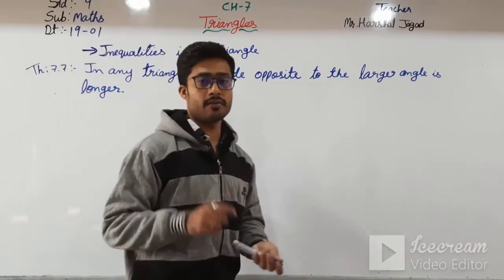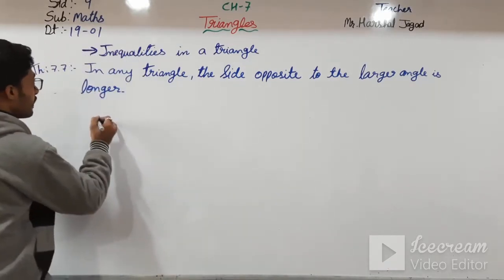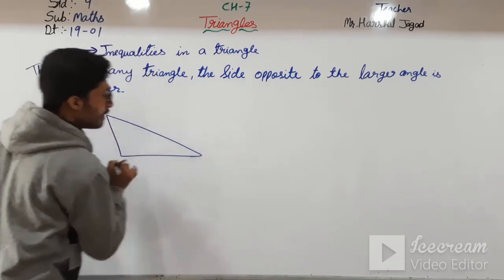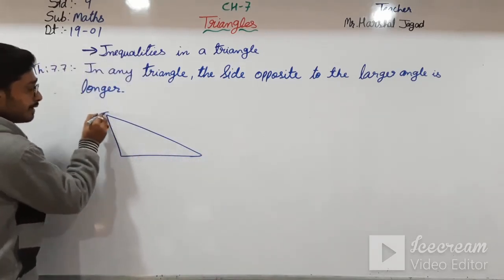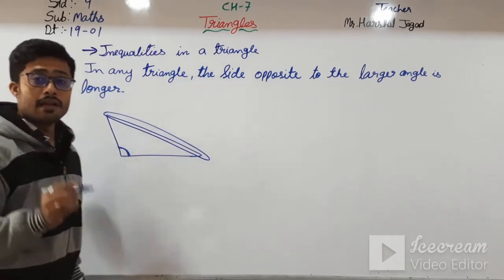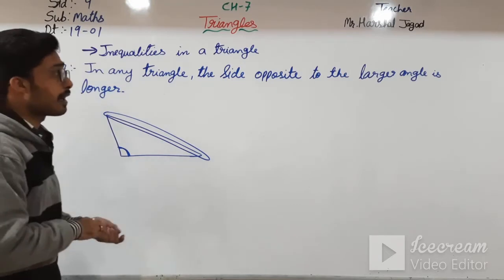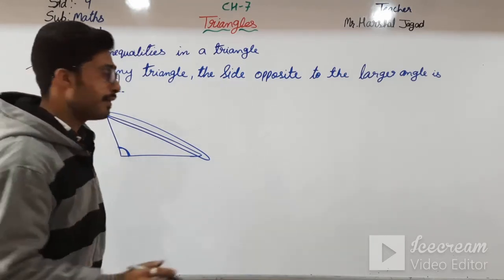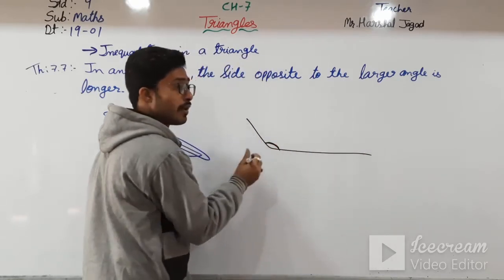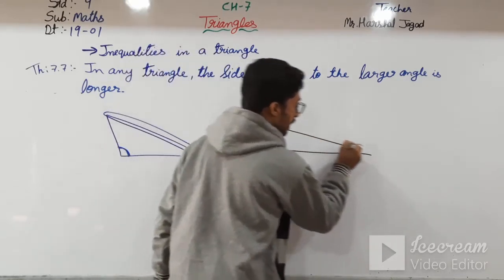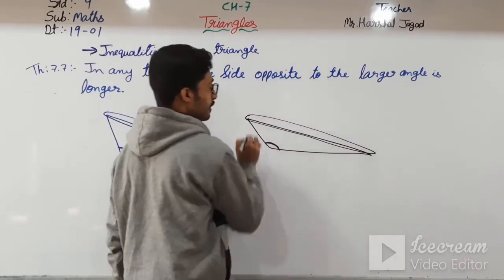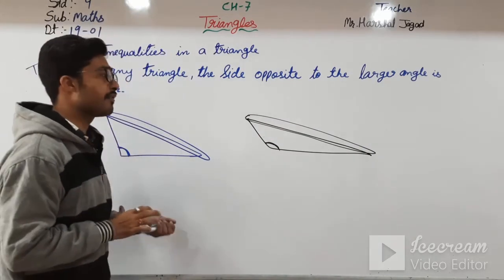In the first theorem, 7.6, they tell us that the line which is larger, its opposite angle is larger or greater. And in theorem 7.7, if the angle is larger, then the line segment opposite to it is longer. So both are the same, only they are told in different language.